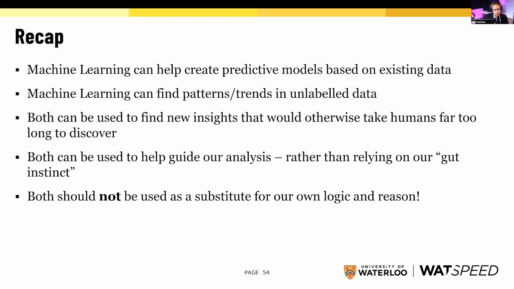Just to recap, we created a machine learning model to help find trends in unlabeled data, and we could create predictive models based on existing labeled data. Both can be used to help us find new patterns or new insights that otherwise would take us way too long to figure out on our own.